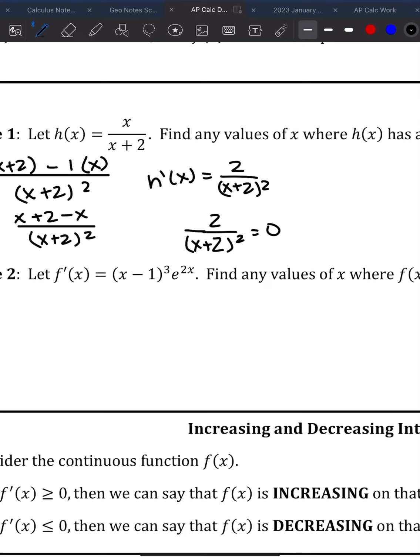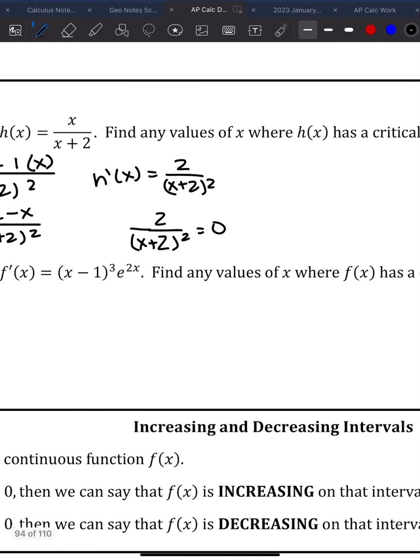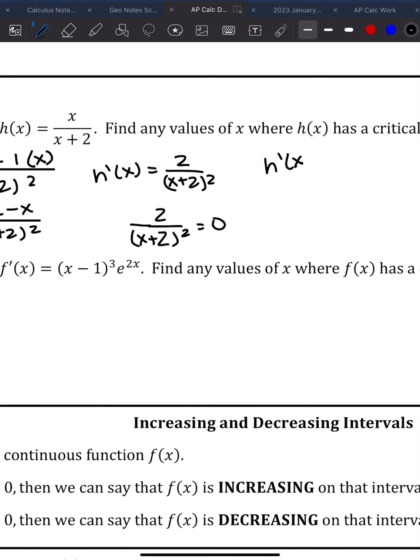Whenever we have a fraction like this, in order for our fraction to become 0, the numerator has to be equal to 0. There's no way that 2 can equal 0, so h prime of x never equals 0. But we still need to think about undefined. So if we think about what happens to h prime of x, the denominator can't be 0.